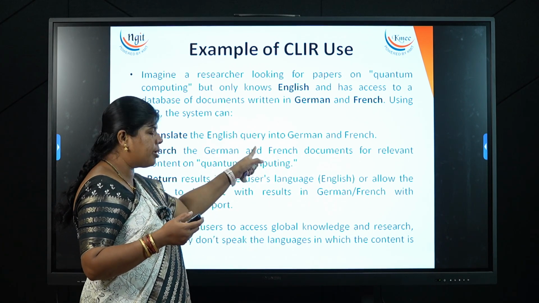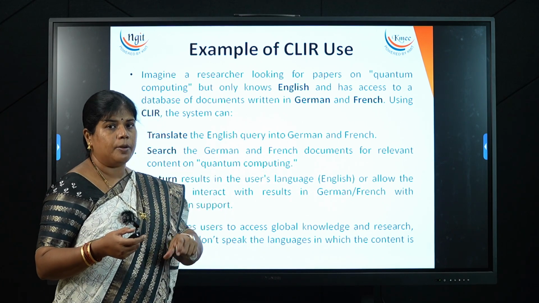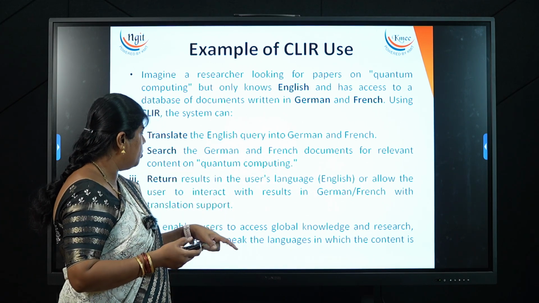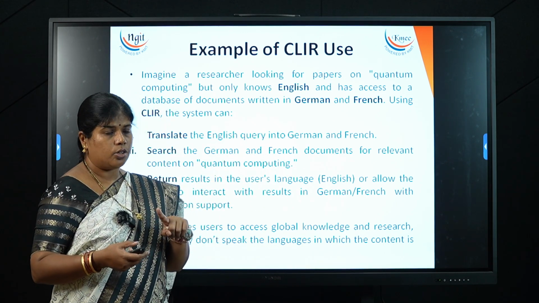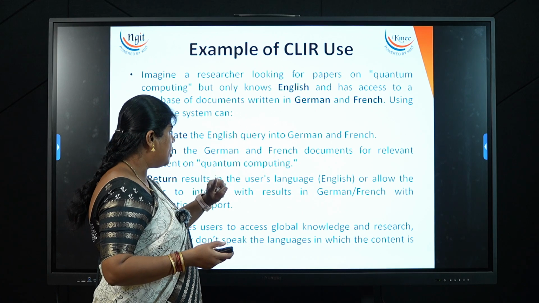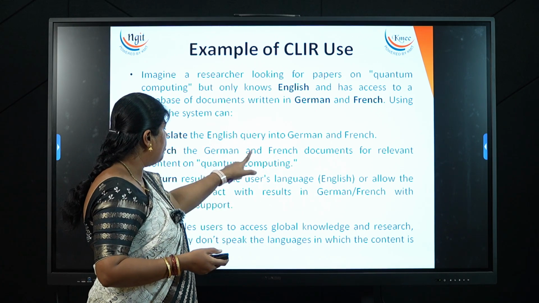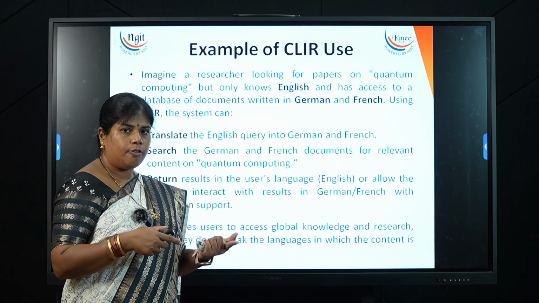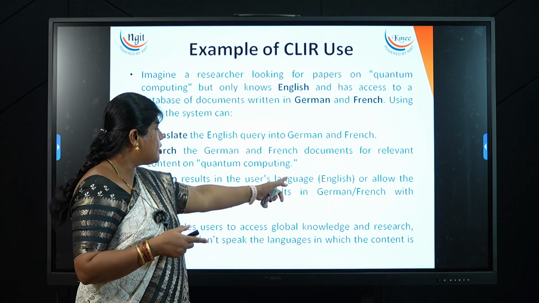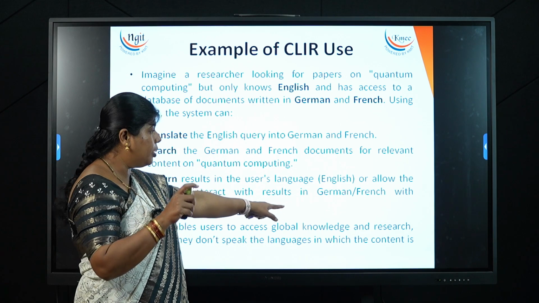Now how are you returning results to the user? Your documents are in German and French, and the user understands only English. Though you have translated or expanded your query into German or French, you will find the related documents only in German or French, but the user understands English. So again the translation phase comes into account.